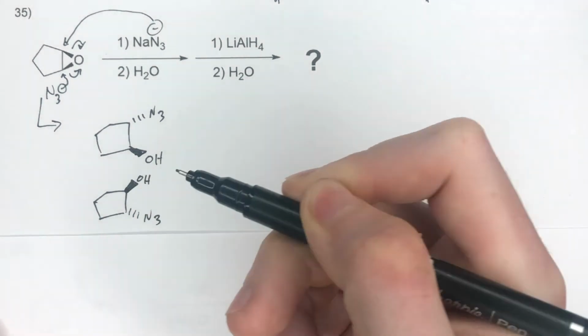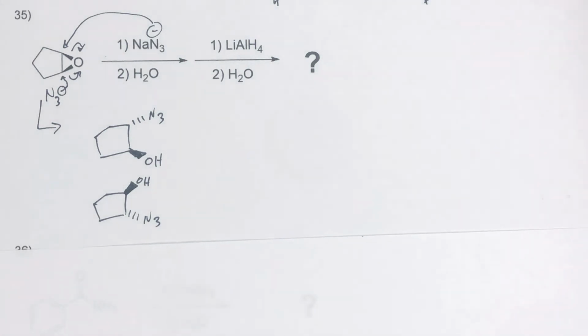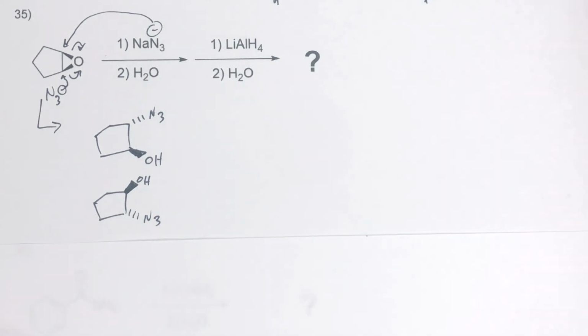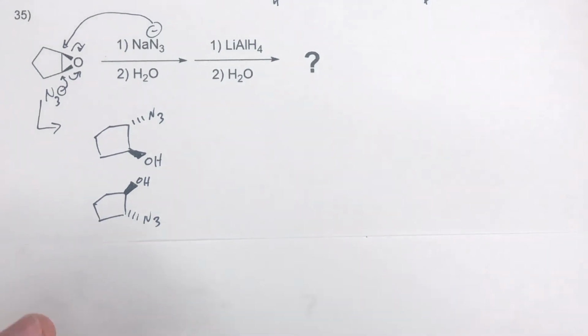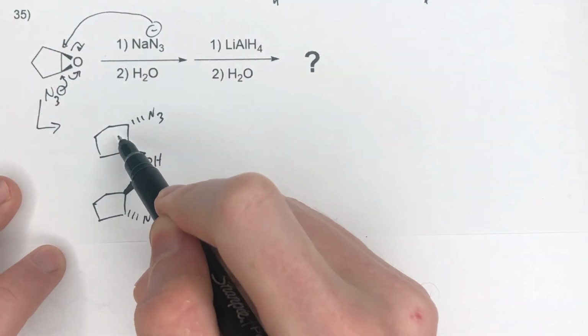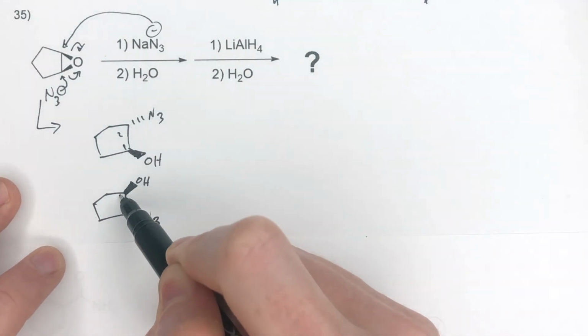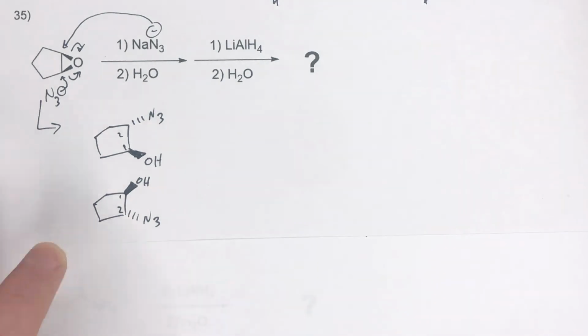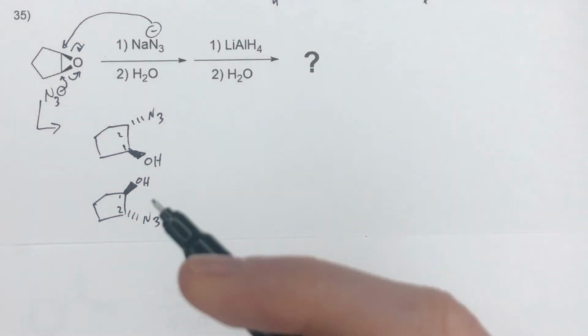Actually, these are not enantiomers. You can pause here and convince yourself why they're not, but I just realized why they're not because you would number this 1, 2 like this in either case, and you would see that they have the same chirality there. So, well, let's check that actually.